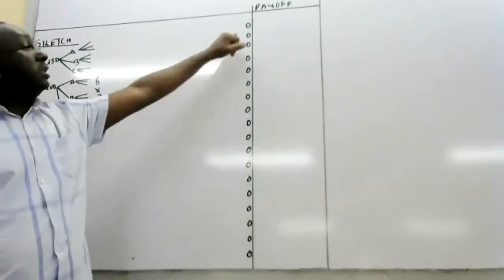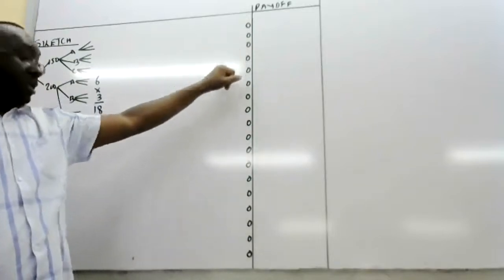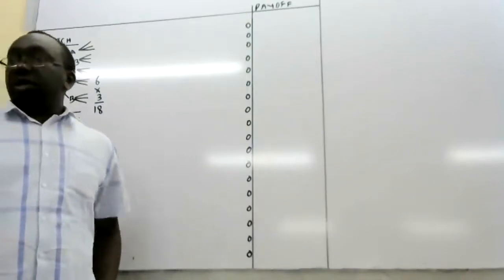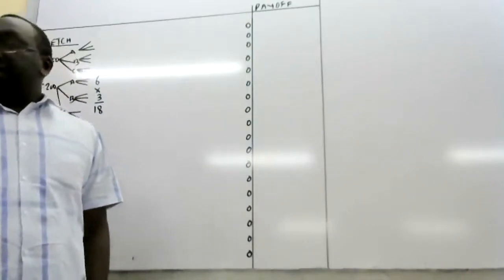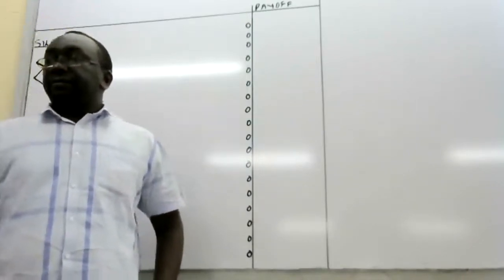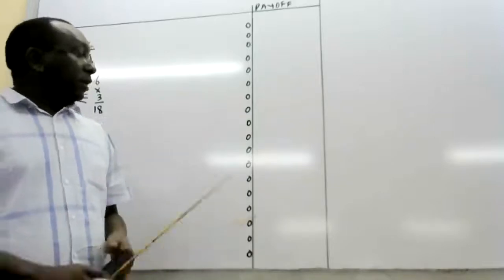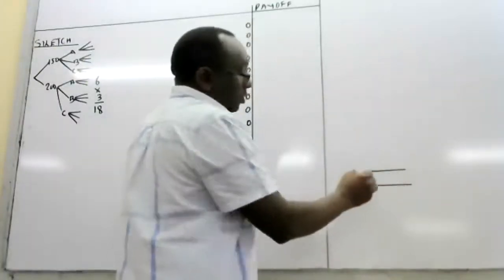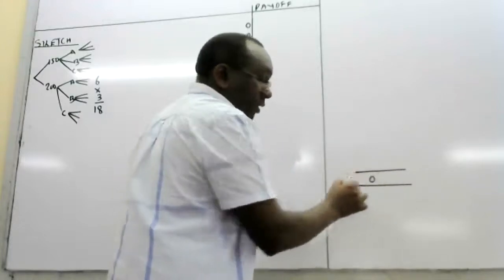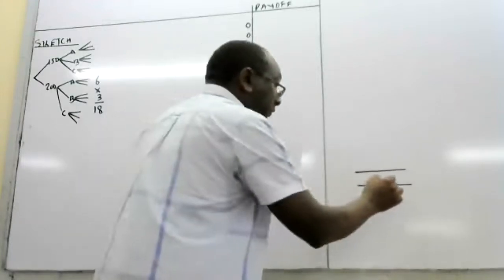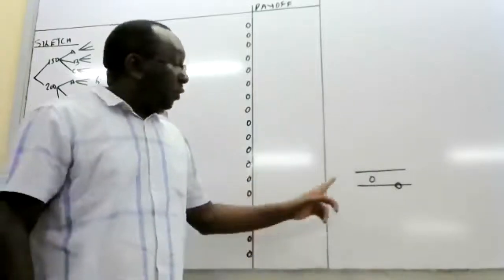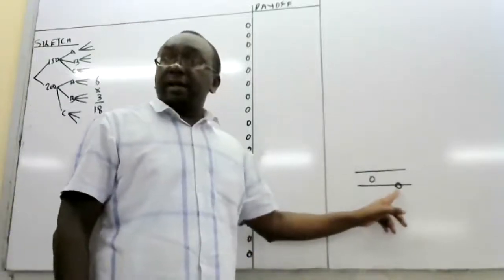Then you can draw these circles, 18 of them, maybe each on its own line. At the end of the line, not at the center of the line. If your book is ruled like this, you don't put it here. It is preferred you put it here, so that the line you draw will follow the same line of the book.